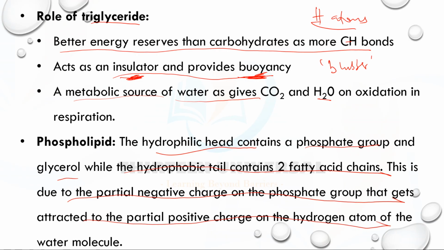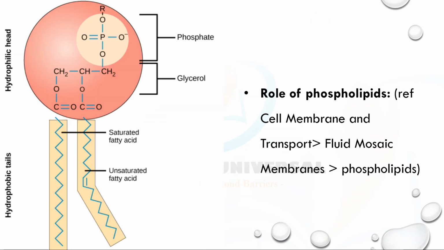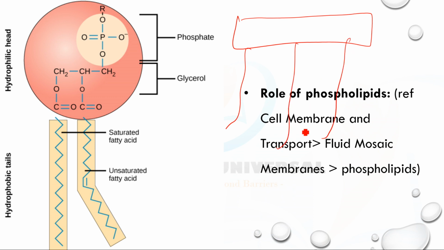So you can see that phospholipid has a hydrophilic head. So that's hydrophilic. If you compare it with triglyceride, triglyceride has three fatty acids, right? This has two. That means three ester bonds versus two ester bonds.